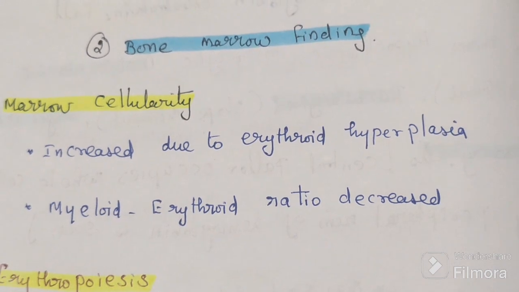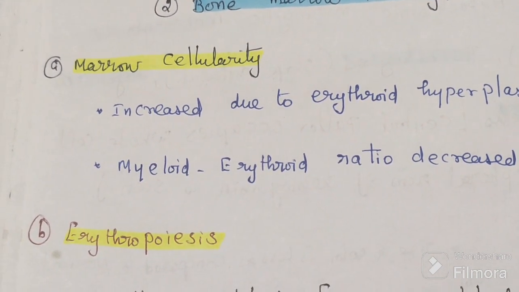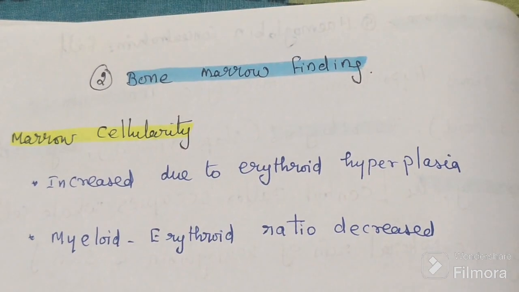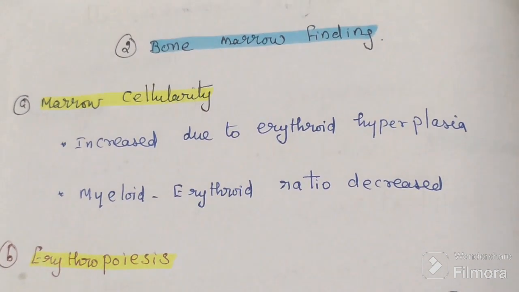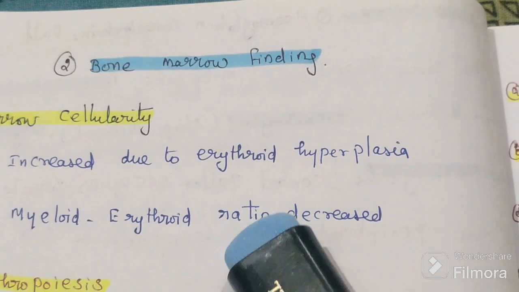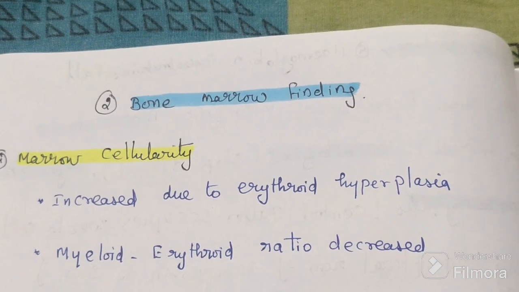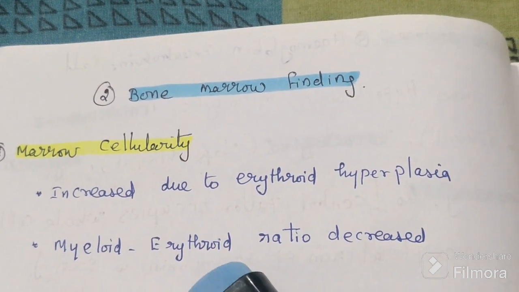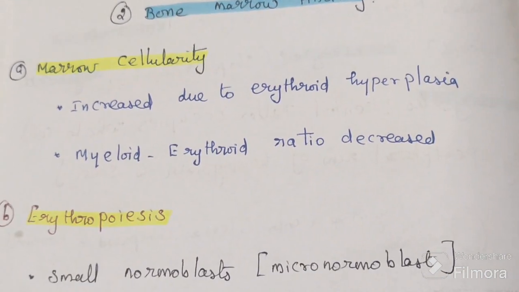Second, bone marrow findings. There is increased erythroid hyperplasia, and the myeloid erythroid ratio is decreased.